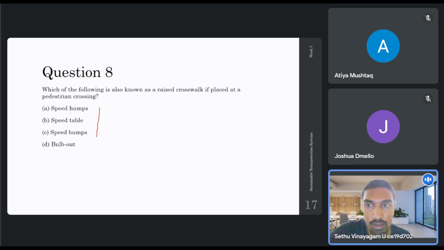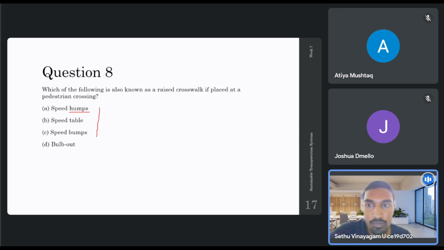When we look at speed humps, the rising will be over a wider area, and they'll be raised a foot or two, but their horizontal or lateral dimension would be much higher, around 8 feet or so.